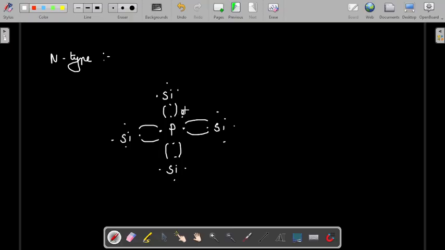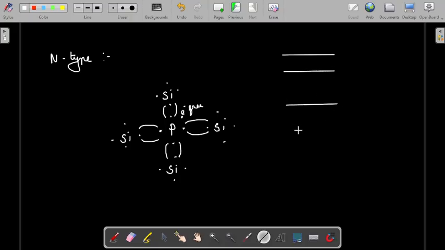Here you see, there is one free electron. This free electron will be ready to contribute to the outermost shell. So doping with a pentavalent atom results in n-type material. This will result in a state of availability for an electron in a state higher than the normal valence band.